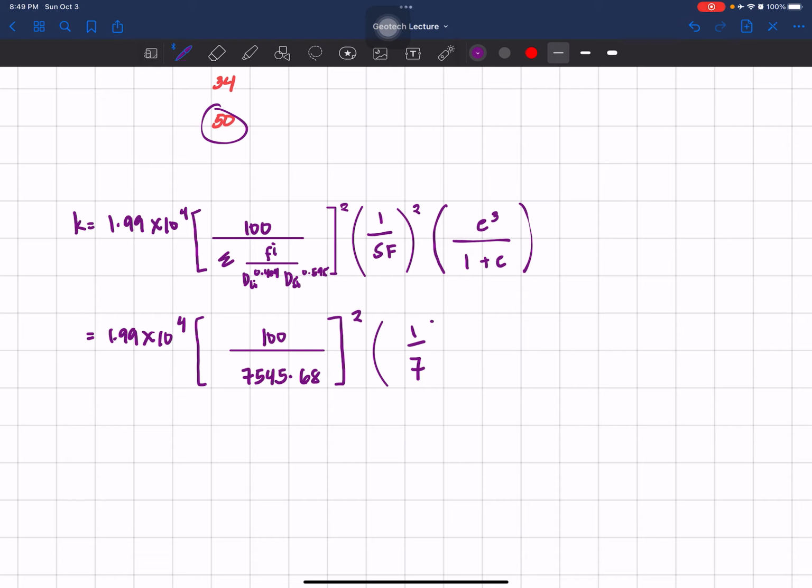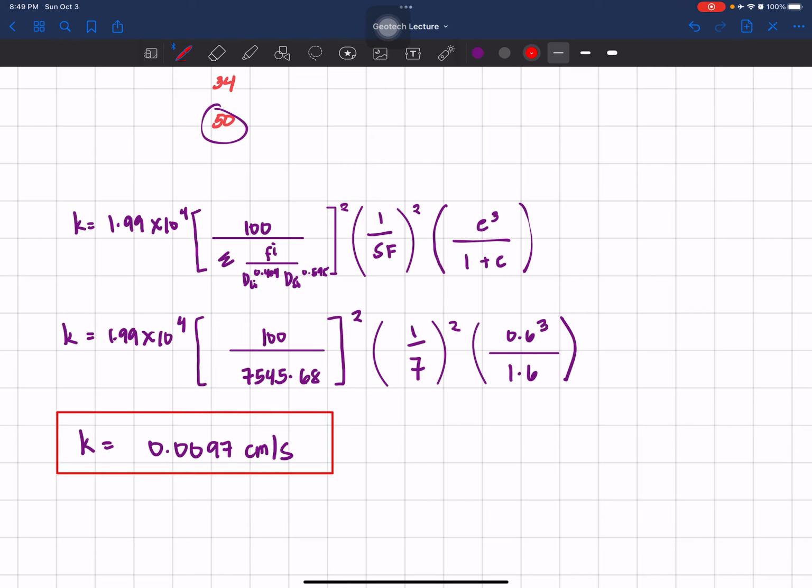So, that's the shape factor squared multiplied by, ano yung e natin? Yung given na e doon is 0.6. So, cubed all over 1.6. Ayan. So, what is now the value of our K? Okay. So, your K now, if you're going to calculate this one, will be equal to 0.0097 centimeters per second.